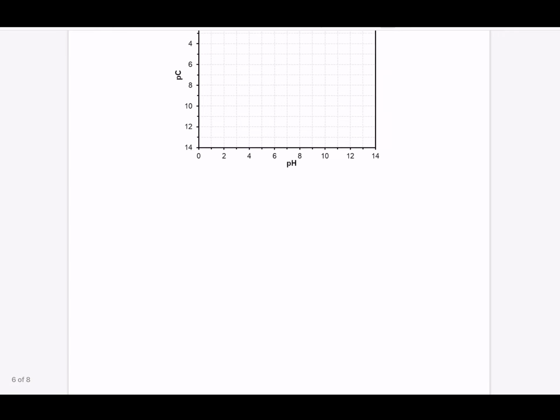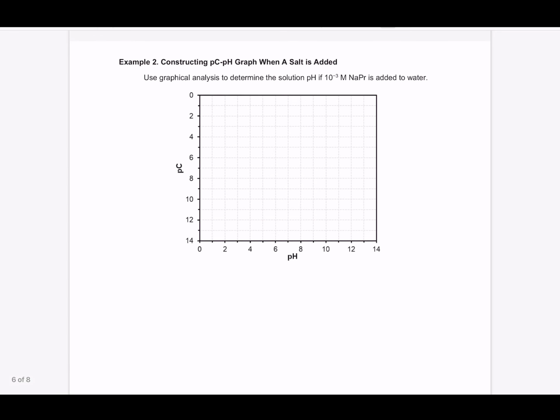So now here we have the same thing for constructing the graph, but we need one more line, for sodium. So species would be H plus, OH minus, sodium, Pr minus, and HPr. So we have one more line.